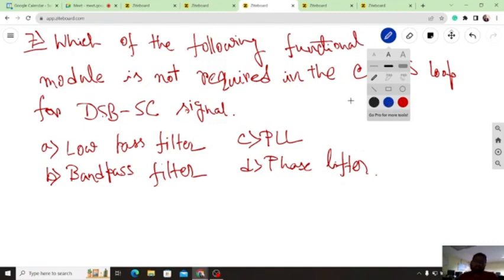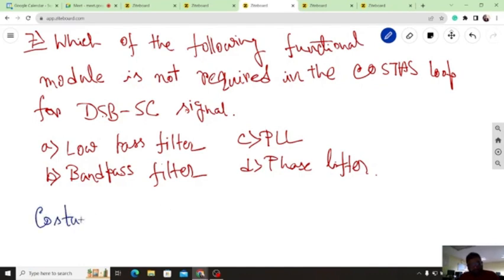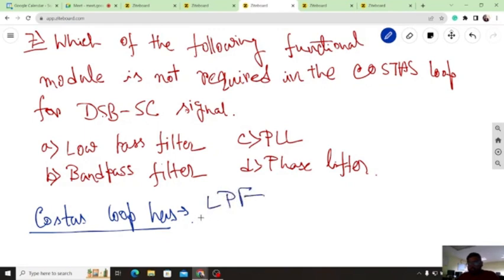Sir, can I know what is option D, phase? Phase lifter. Okay, thank you. So basically, the Costas loop has all these following components: a low pass filter, it also requires a PLL, and a pi by 2 phase shifter.